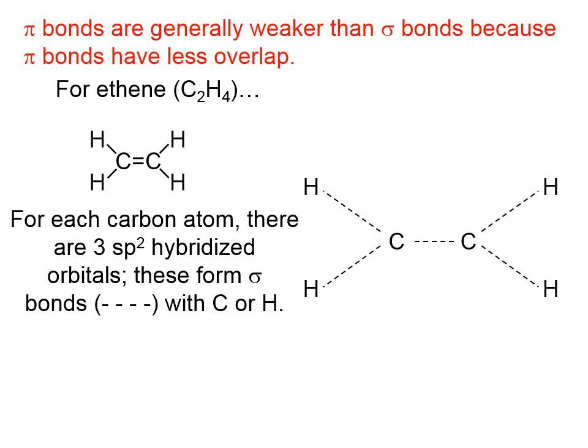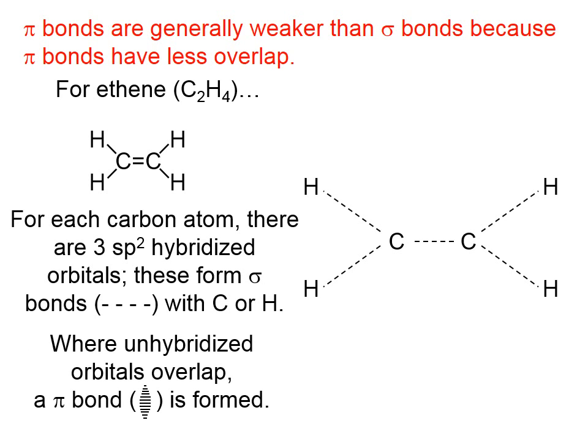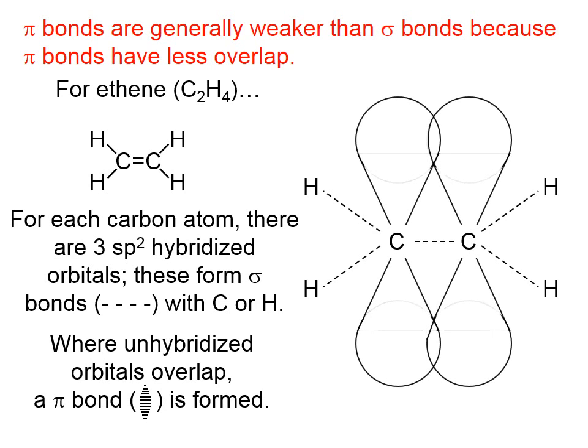Same with all of the other carbon-hydrogen bonds. This carbon-carbon bond results from the overlap of an sp2 hybridized orbital from this carbon and an sp2 hybridized orbital from this carbon. If the hybridization state on those carbons is sp2, that means that there is a single p orbital from each of those carbon atoms that is unhybridized, that retains its dumbbell or figure 8 shape.